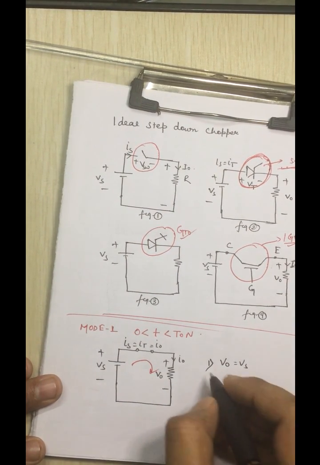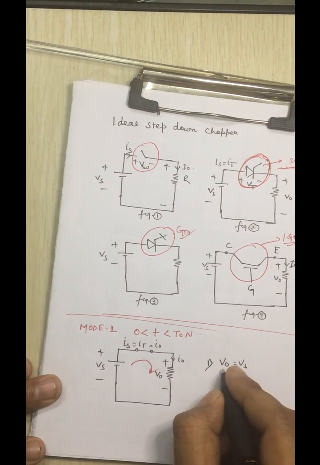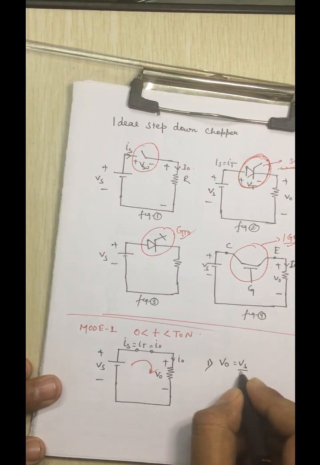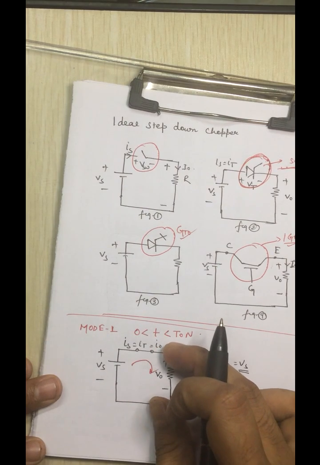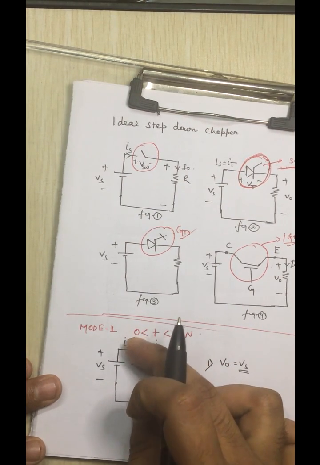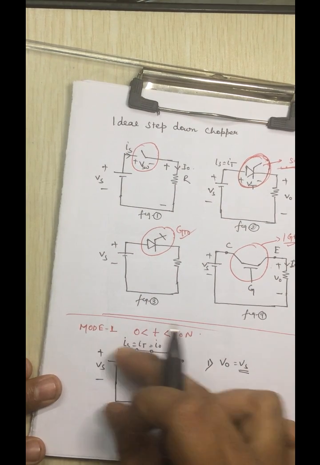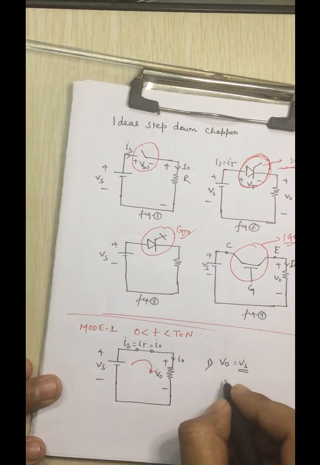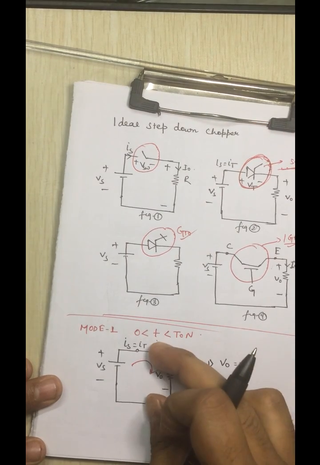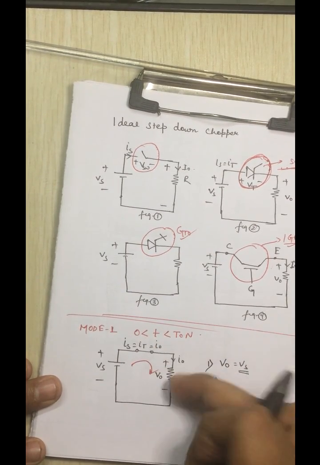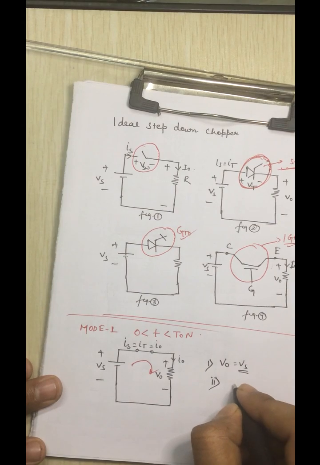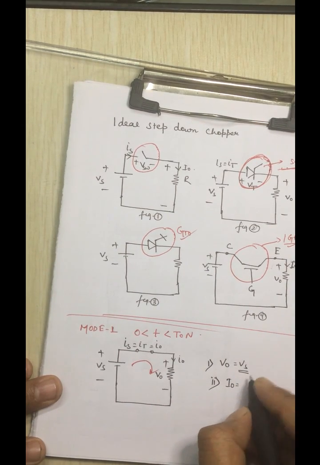So what is happening during this mode? V output is going to be Vs, because the same voltage will appear across this one; there is no drop here, so this voltage will come in parallel across the load. Second, if the voltage appears across the load, we can easily find the average output current, that is I0, which is Vs by R simply.